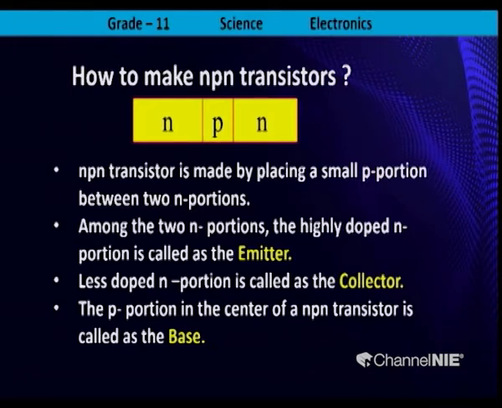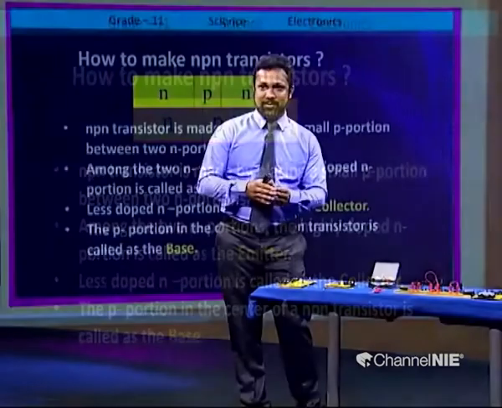Here, among the two n portions, the highly doped n portion is called as emitter. Similarly, the less doped n portion is called as collector. Right. Now, what is the base? You can understand, in Npn transistor, the small p portion at the center is called as base.